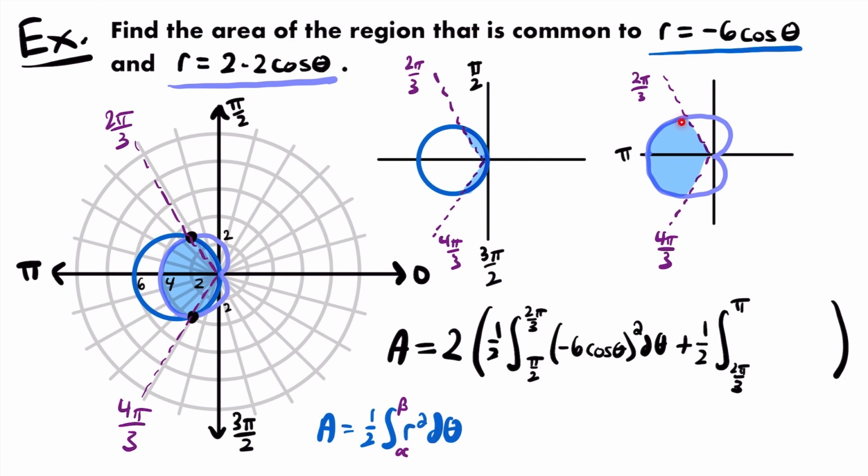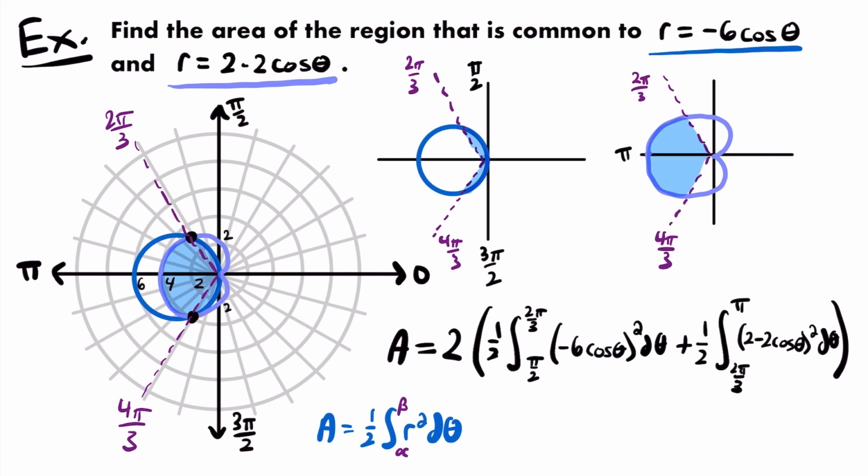In this case, this cardioid is represented by 2 minus 2 times cosine theta. So we will have (2 minus 2 times cosine theta) squared times d theta. All right, and so these 2 definite integrals added together and multiplied by 2 will represent the area of this entire common region for these 2 polar curves.